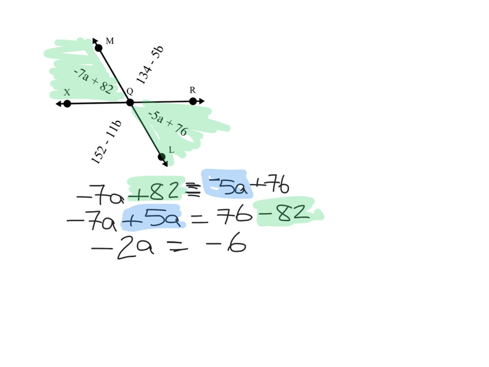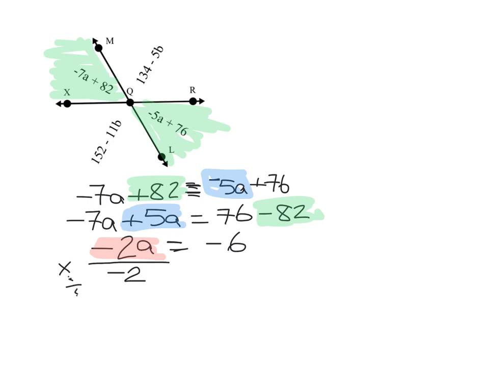And now we've got negative 2a equals negative 6. So we're going to divide both sides by negative 2. Remember, it stays as negative 2. We're not changing it to a positive because this operation, which I'm going to highlight for you, says I'm multiplying by negative 2. So in order to offset it, I have to divide.